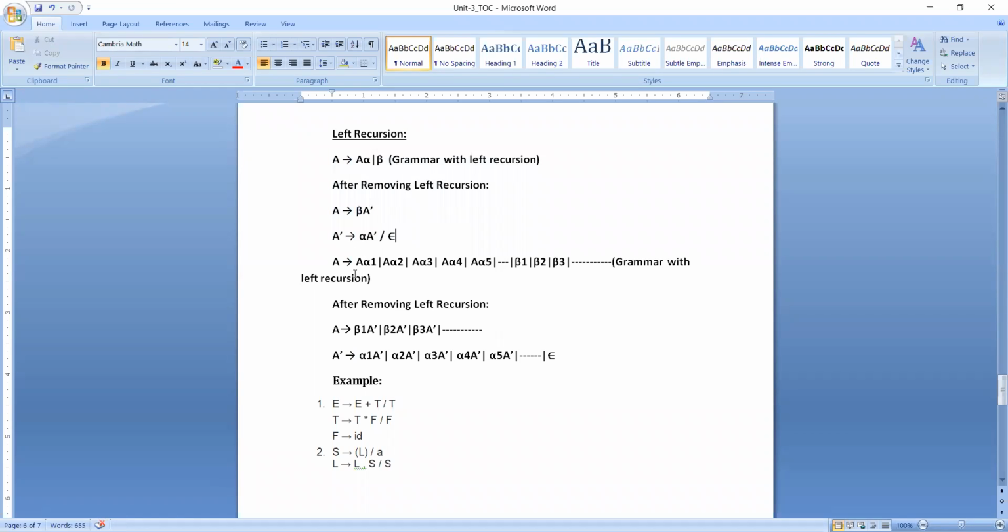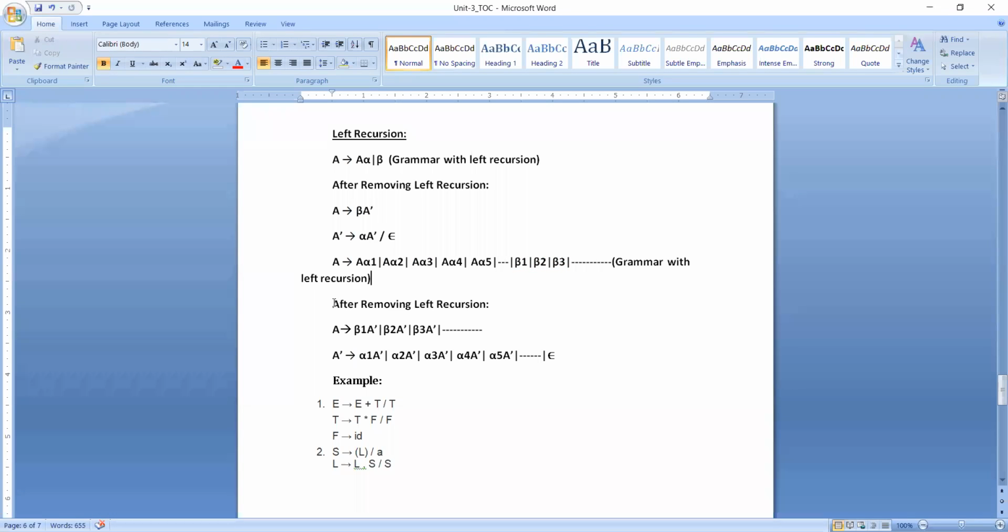Sometimes you might get a grammar which looks like this. Please have a look at this. A derives to A alpha 1 or A alpha 2 or A alpha 3 and so on, followed by beta 1, beta 2 and so on.